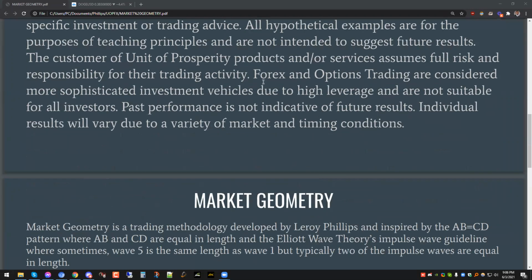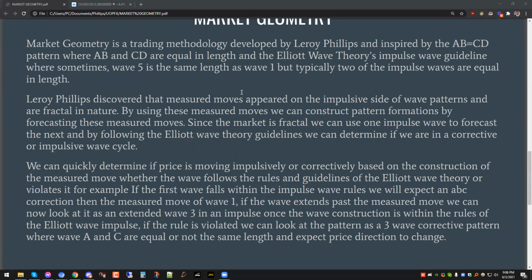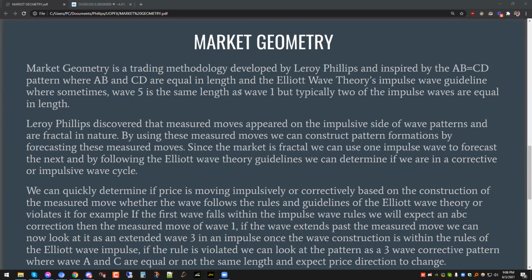All right, so let's move into market geometry. It's a very simple topic. I believe it's very straightforward, and I think it would be something that you guys would find very interesting. So I'll just let you know a little bit about market geometry and how I came about using it. Basically, market geometry is a trading methodology that I developed.